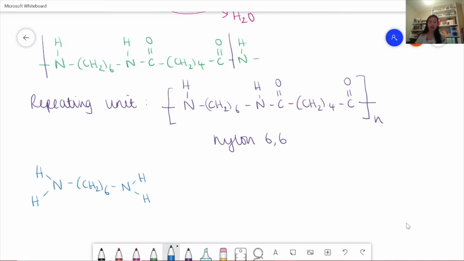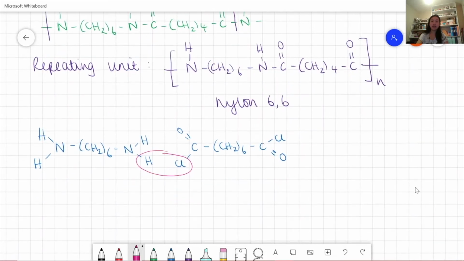And then we have this diacyl chloride instead of the dicarboxylic acid. And so what we have now is that this HCl is taken away, so it's liberated.